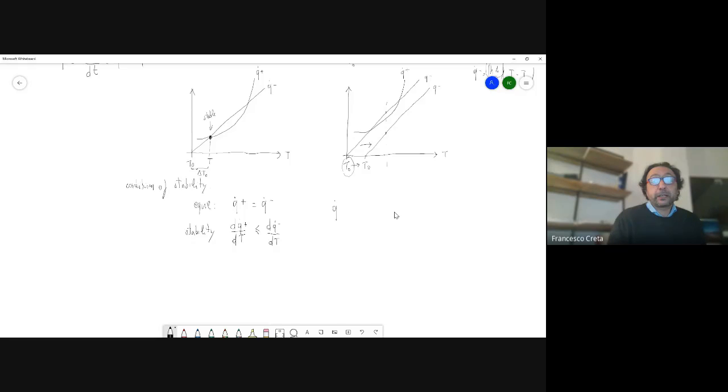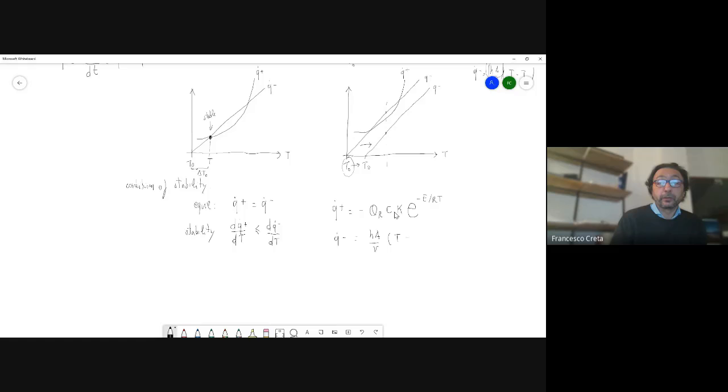So let's remind ourselves what Q plus is. Remember, it's minus the heat of reaction QR, the molar concentration of the reactant, the reaction constant, and then the exponential. And again, Q minus is a convective expression of this kind.